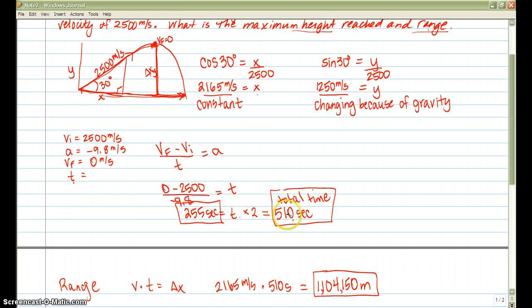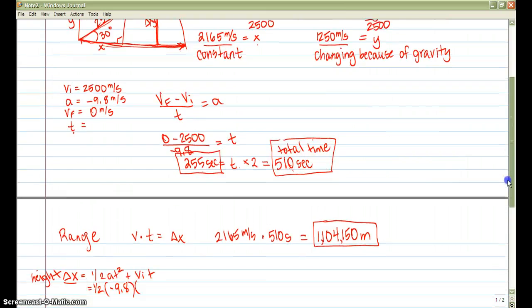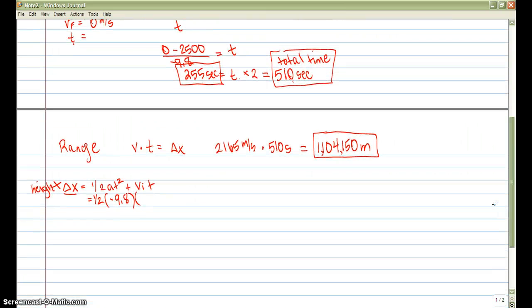Which one of these two times should we plug into our equation to give us this maximum height right here? Hopefully you picked the 255, because we want to know how long it takes to get to that peak.